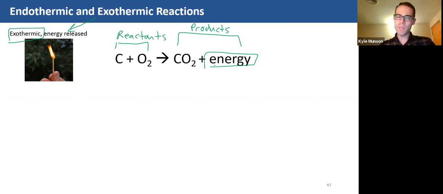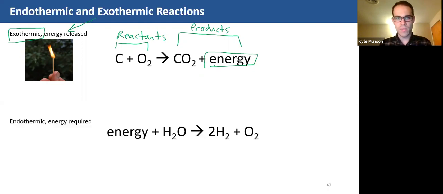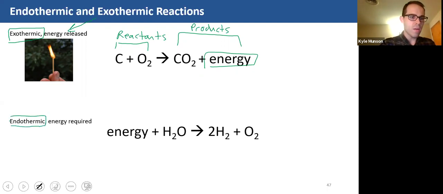So sometimes, though, it takes energy for a reaction or a process to happen. All right, so these types of reactions are called endothermic reactions. So these are endothermic, okay? Energy is required. So if you want to break down water into hydrogen and oxygen, you need to input energy into this reaction.